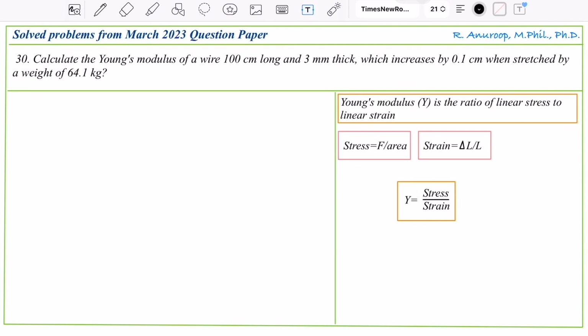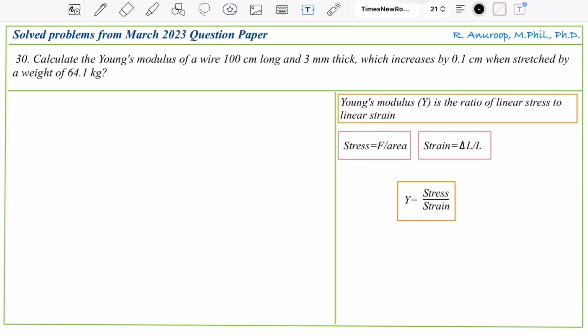The next question is: calculate the Young's modulus of a wire 100 centimeter long and 3 mm thick which increases by 0.1 centimeter when stretched by a weight of 64.1 kilogram.